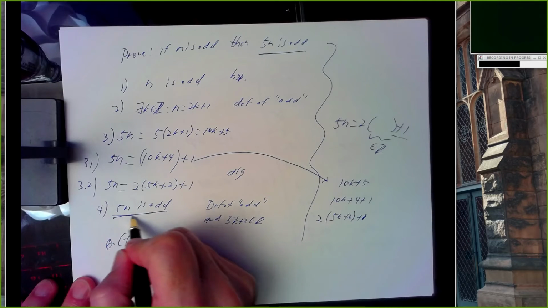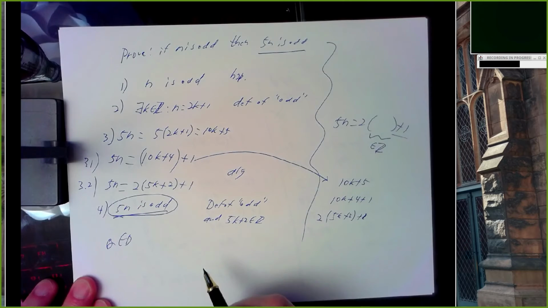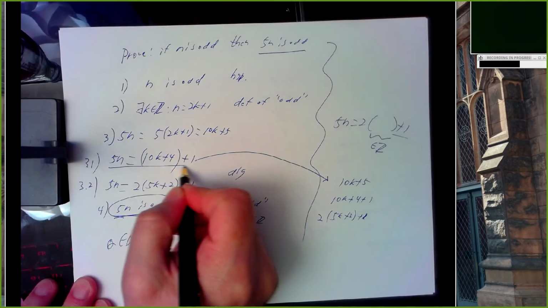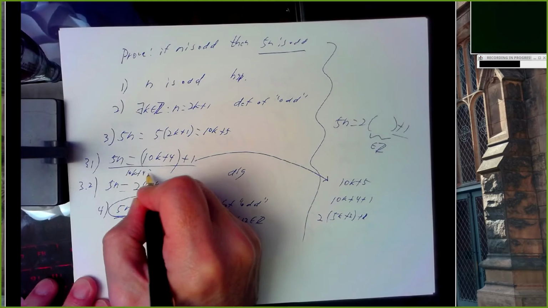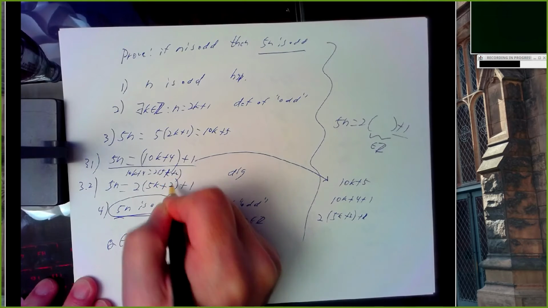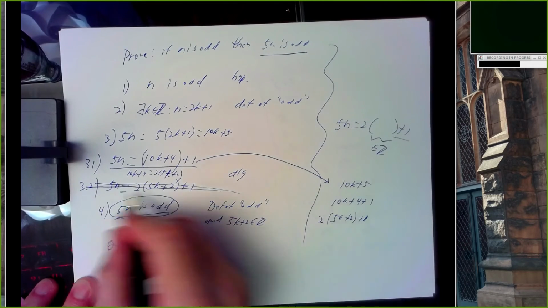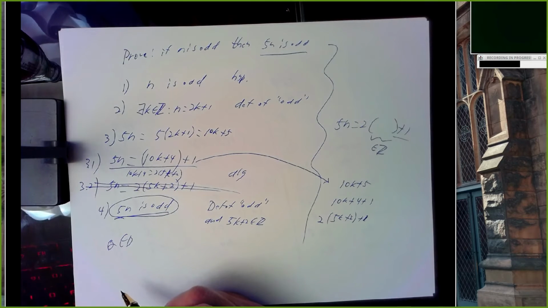And make sure that before you write this, you've shown 5n is twice an integer plus 1. And if I get down to this step, and then I say 10k plus 4 equals 2 times 5k plus 2, and I don't have this, I'm not ready to declare that 5n is odd.